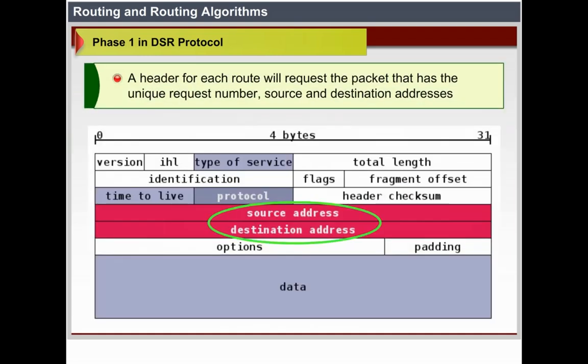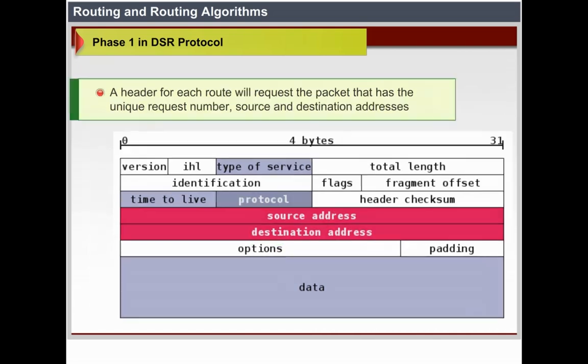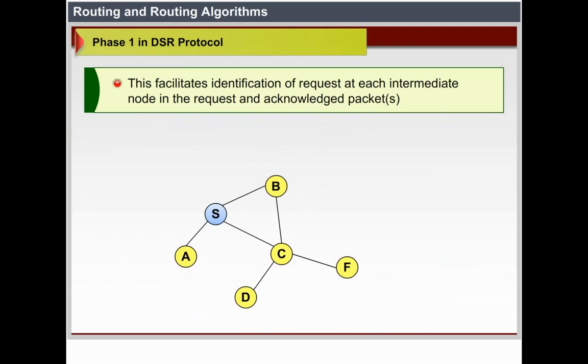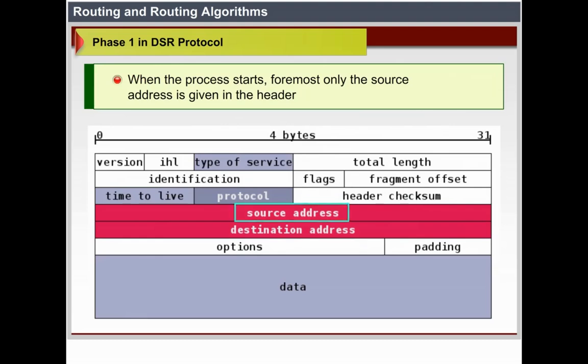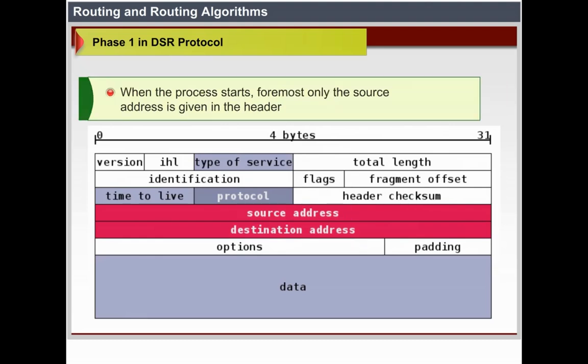A header for each route request packet has the unique request number and source and destination addresses. This enables identification of request at each intermediate node in the request and acknowledgement packets. When the process starts, initially only the source address is given in the header.